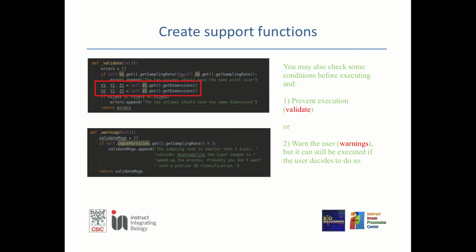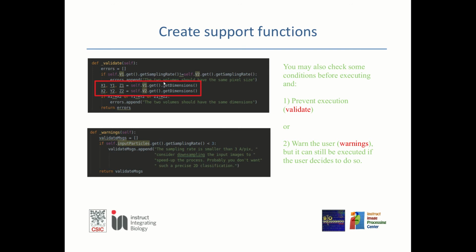And then there are some other useful validation support functions, and one of them is validate and the other one is warnings. I have borrowed these two from other protocols. In this protocol, what we are checking is whether this is the practice that you will do today. You are subtracting two volumes. Those two volumes need to be of the same size.